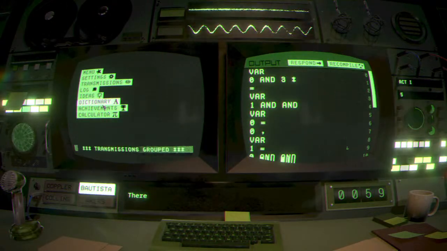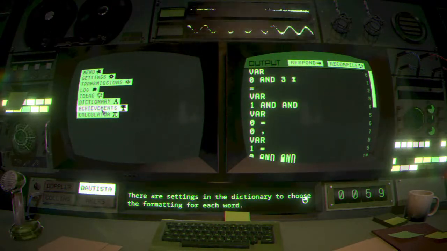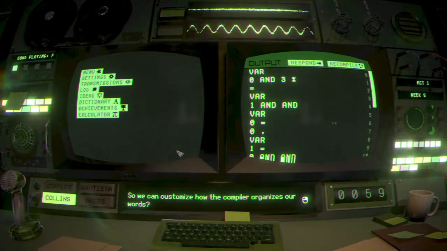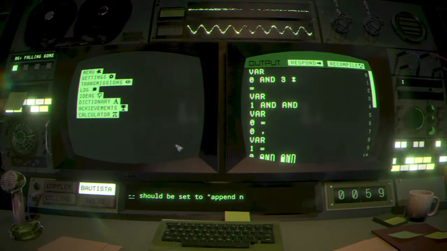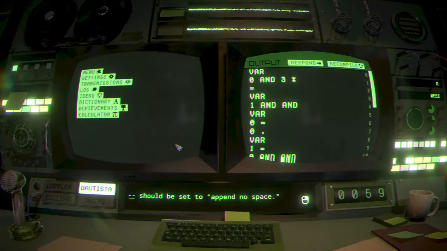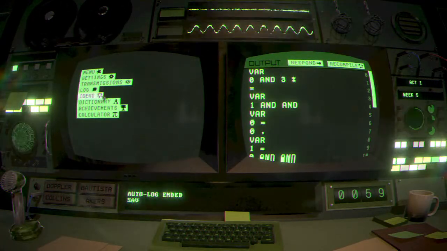Transitions grouped. There are settings in the dictionary to choose the formatting for each word. So you can customize how the compiler organizes our words. Yeah. Double dash should be set to append no space. Right.